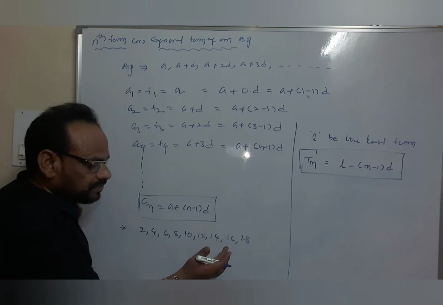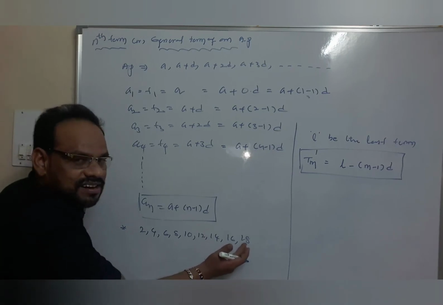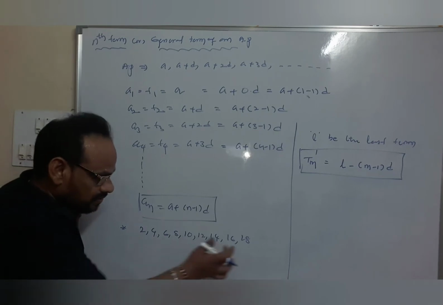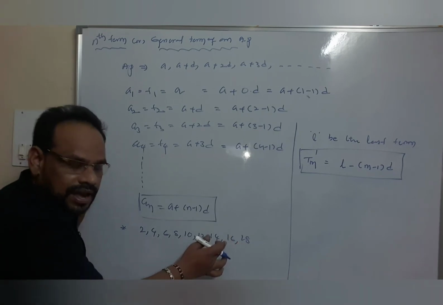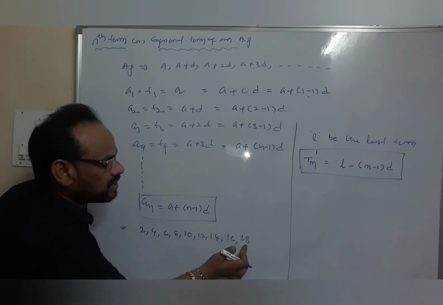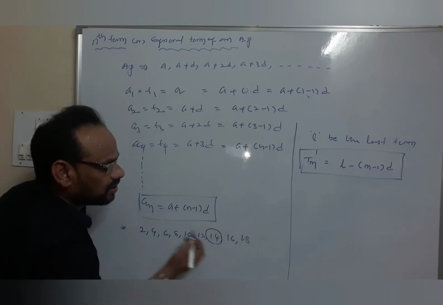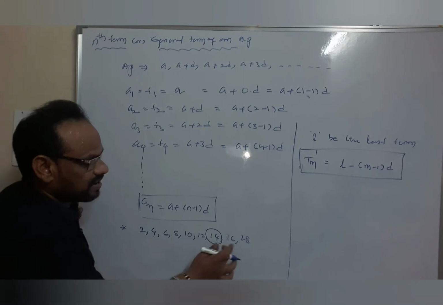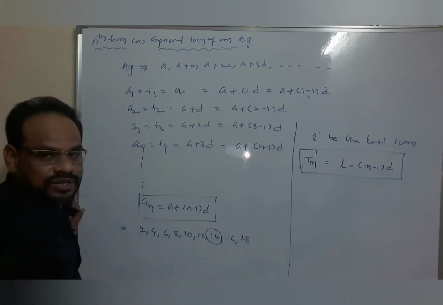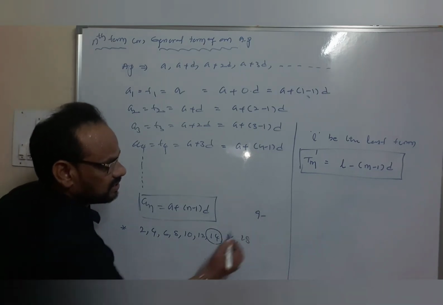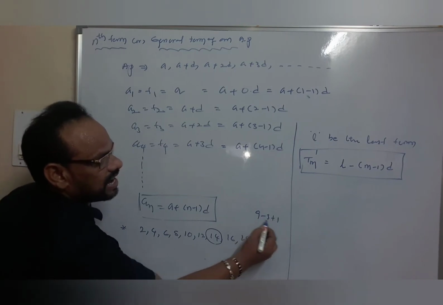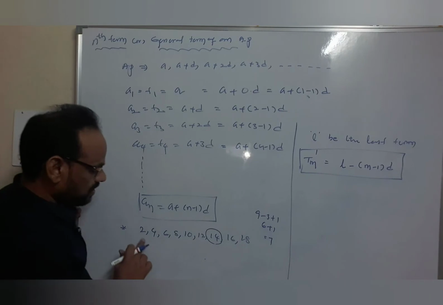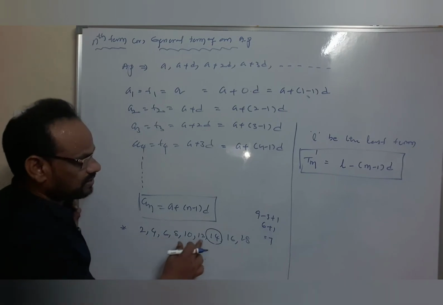That means the third term from the end of this AP is 14. The number of terms is 1, 2, 3, 4, 5, 6, 7, 8, 9. So 9 minus 3 plus 1, that is 6 plus 1, which equals 7. Observe here, 1, 2, 3, 4, 5, 6, 7.